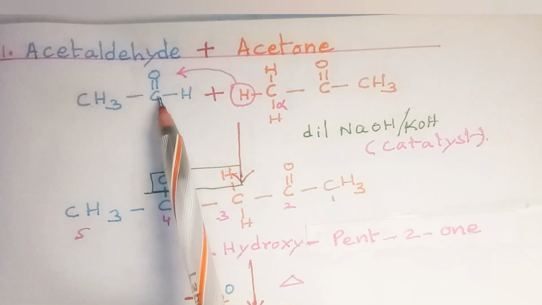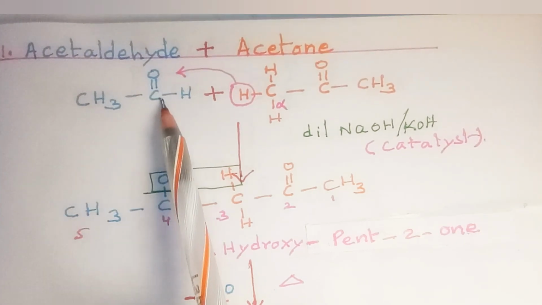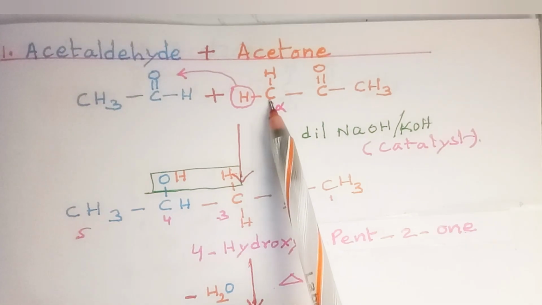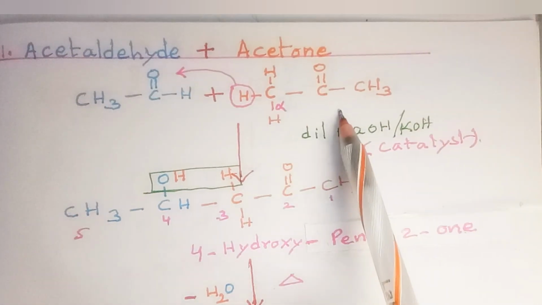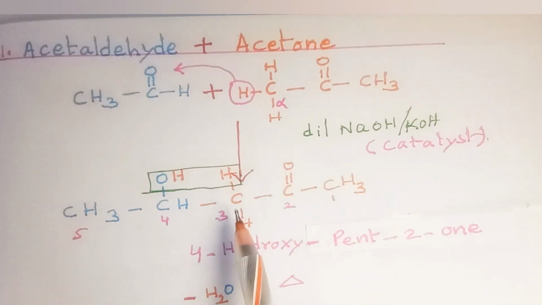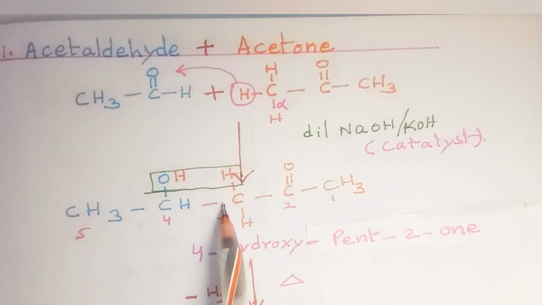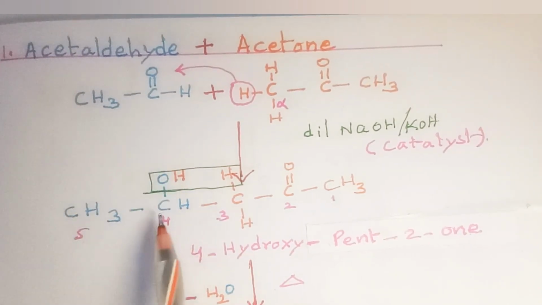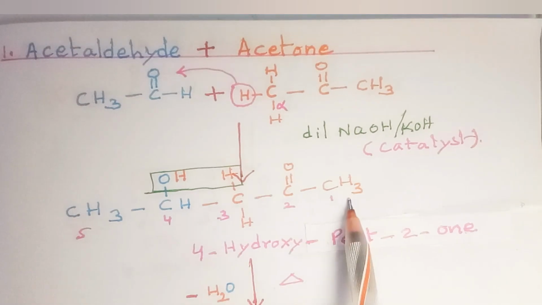And the carbonyl carbon of the first reactant will form a bond with the alpha carbon of the second reactant, that is acetone. So as a result we get a bond between the carbonyl carbon and the alpha carbon of the second reactant.